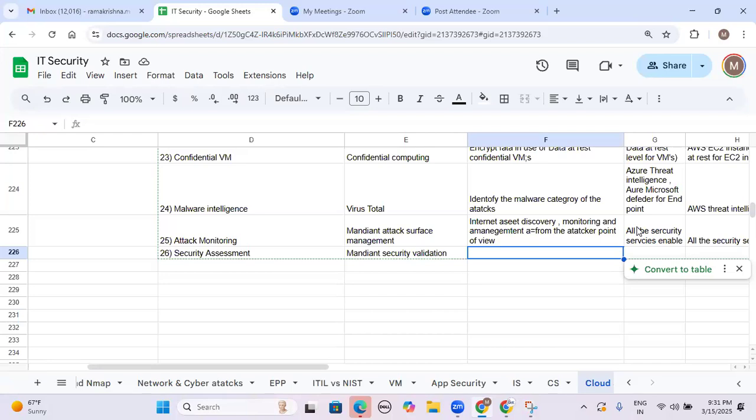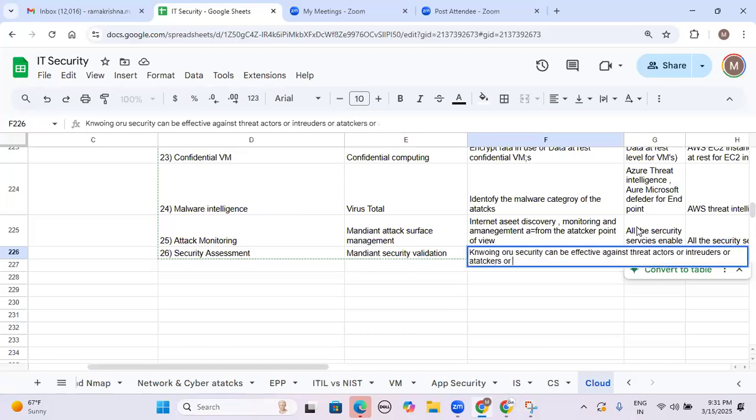Mandiant Security Validation: knowing whether our security can be effective or not against threat actors, intruders, attackers or hackers.